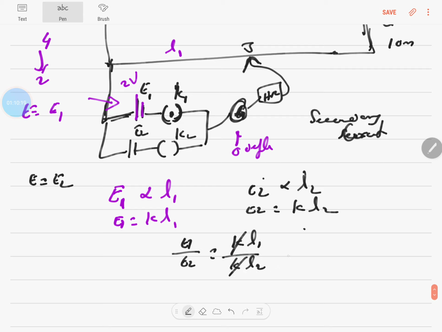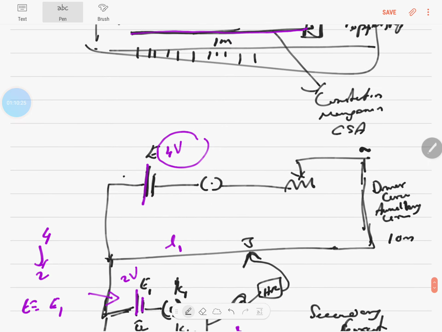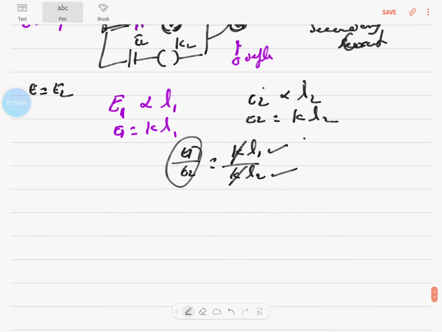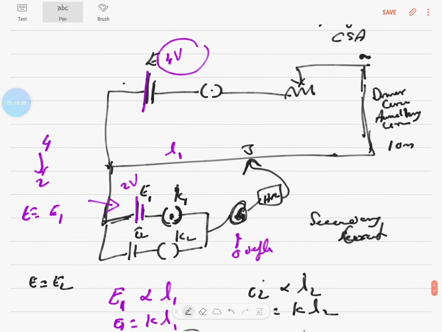K and K get cancelled. Thus, by knowing the two different lengths, we can compare the two EMFs. So the first purpose of a potentiometer is to compare two unknown EMFs. You have two batteries, you don't know what their EMFs are, you want to compare them, this is the way you compare. So that is the purpose of a potentiometer.